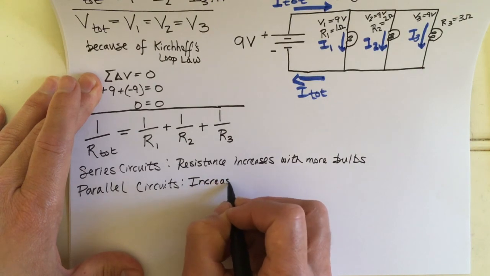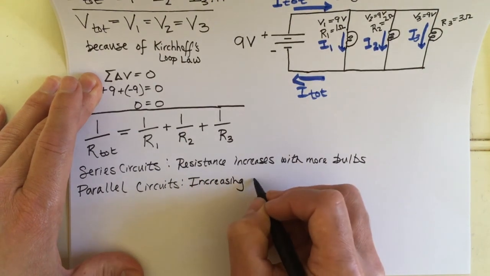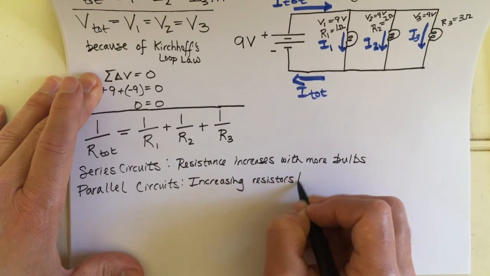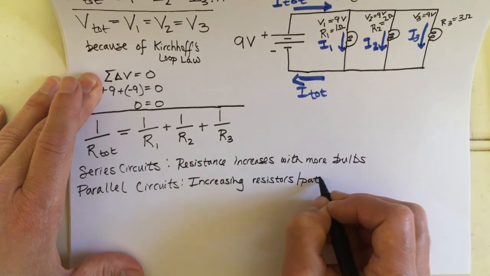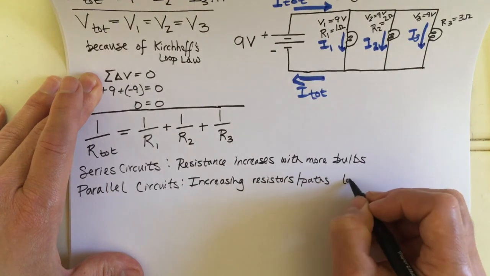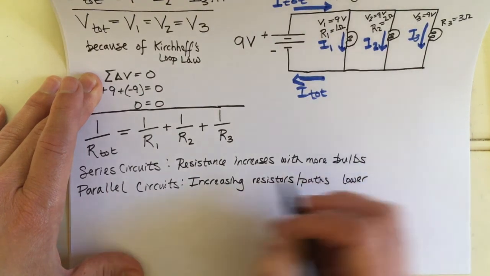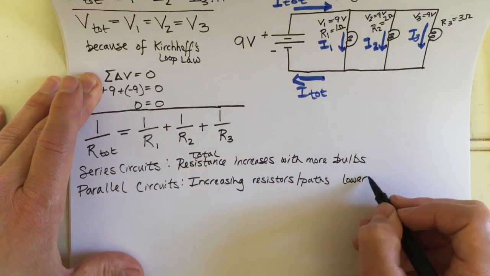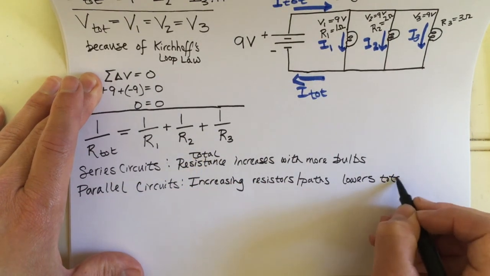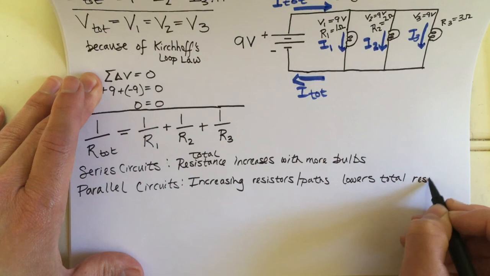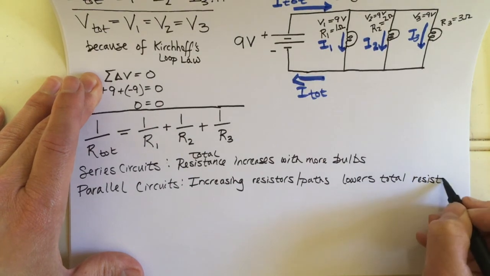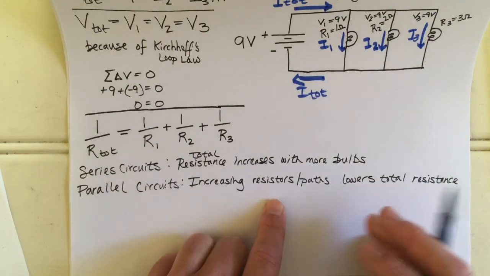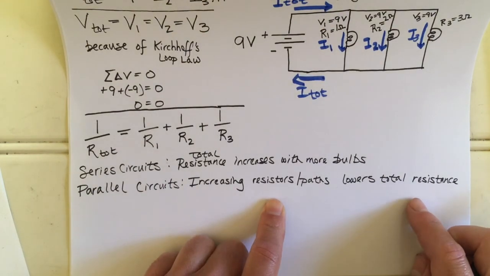Increasing resistors/paths lowers the total resistance. So by having more paths with a resistor, the resistance lowers.